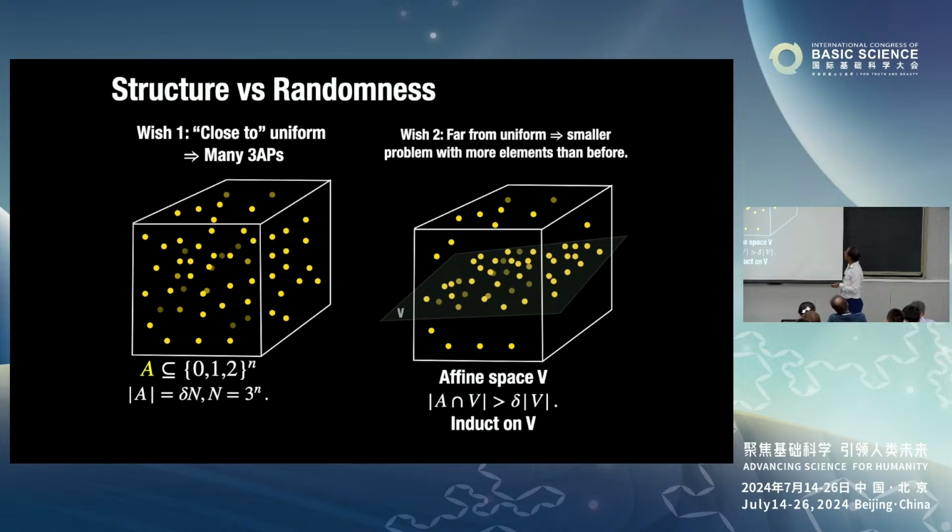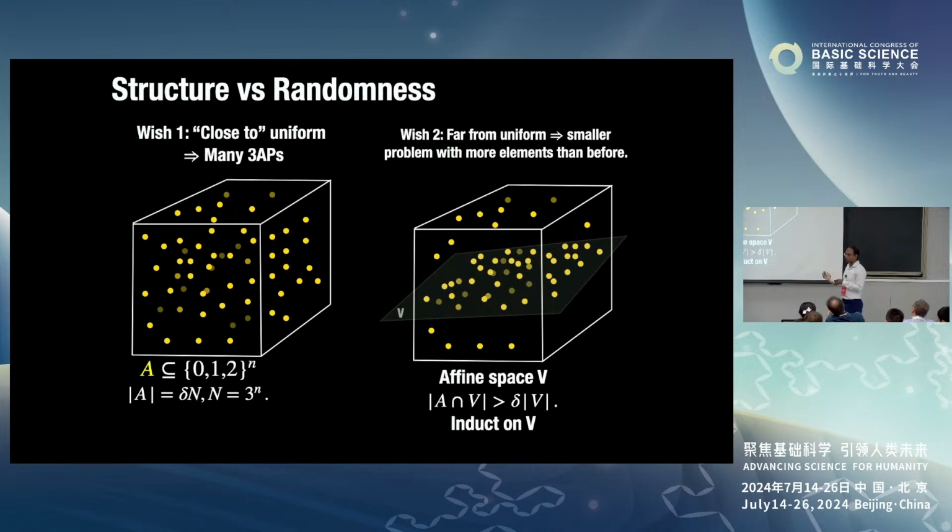And if I just want this, then it's easy. I can just pick a single point and say that's my affine space. It's useful for doing the induction, so you want to make sure that your subspace is not too small. You want to find a smaller problem where you have more elements than what you started out with, relatively speaking.